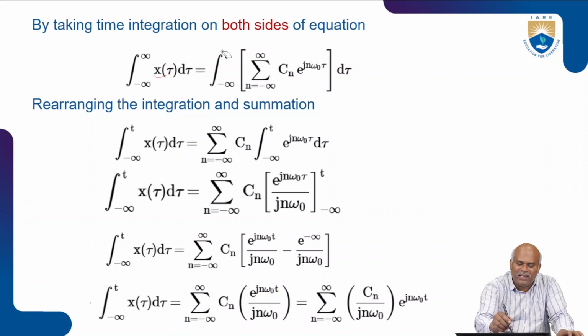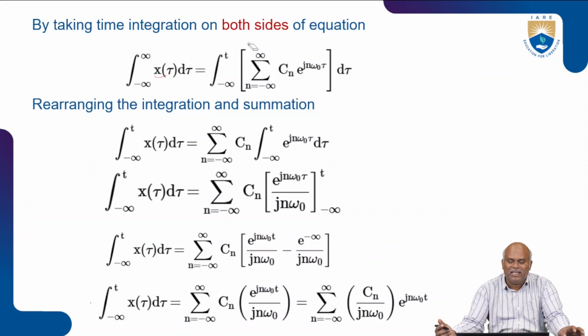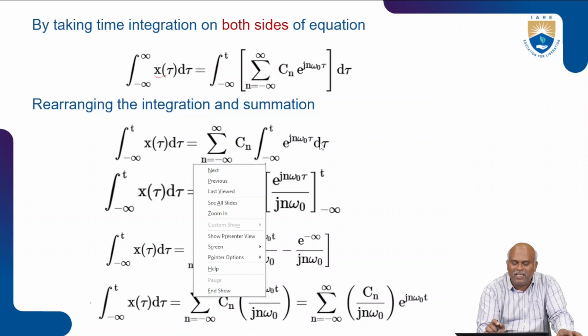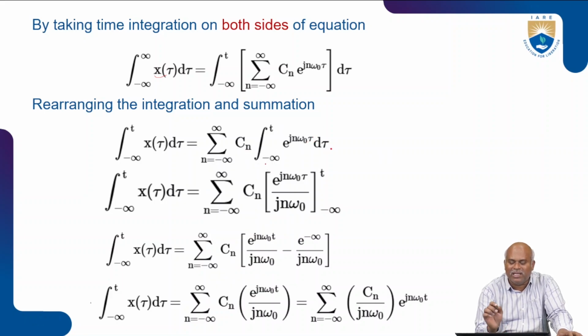Next I rearrange the integration for the right side. If I rearrange, what will happen? The summation will be taken out. So the right side will be the summation of n equal to minus infinity to plus infinity of C of n times the integral from minus infinity to t of e power j n omega 0 tau d tau. If we integrate this portion, C of n is a constant, that's no problem.